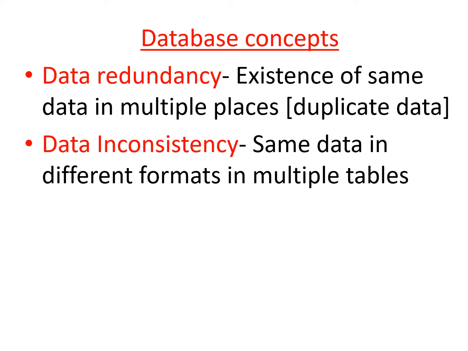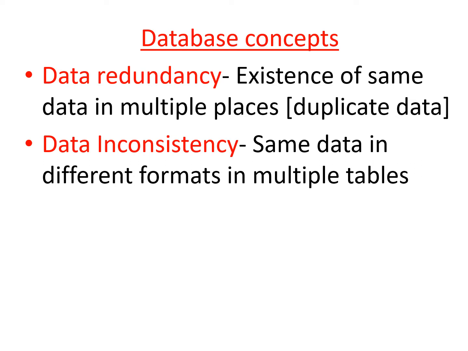Okay, it causes an inconsistency. If the patient is a normal patient giving some details, and the same patient is admitted in the hospital for some other treatment and gives a different address, now you can say that it is in the form of different formats, but the patient is the same. This is called the inconsistency.